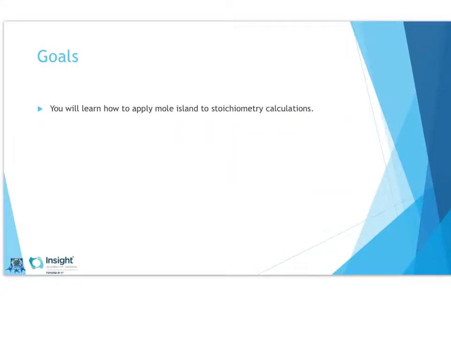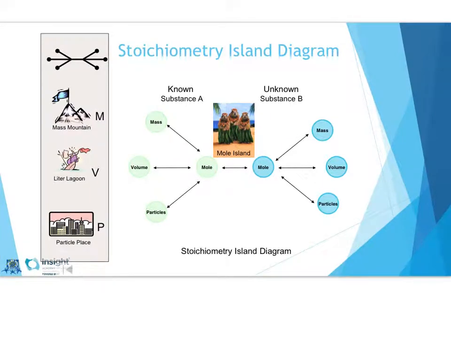So, you're going to learn how to apply mole island to stoichiometry. You'll notice that the center of mole island is just a little bit different. You have your substance A, and you're going to either know mass, volume, or particles about it.